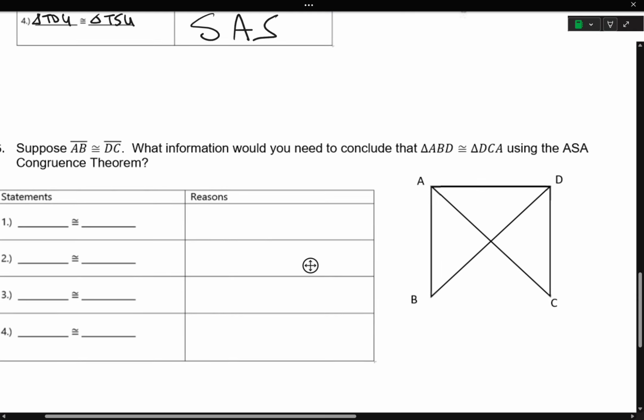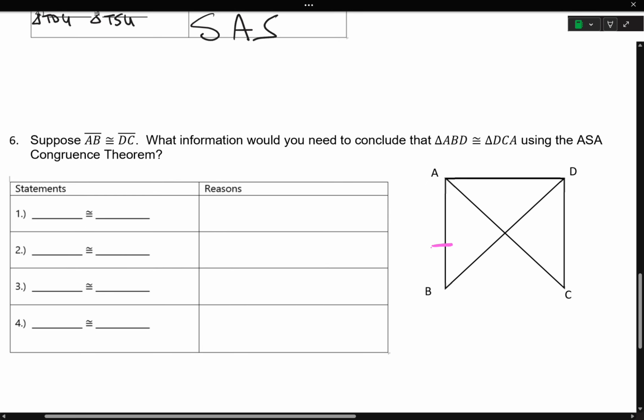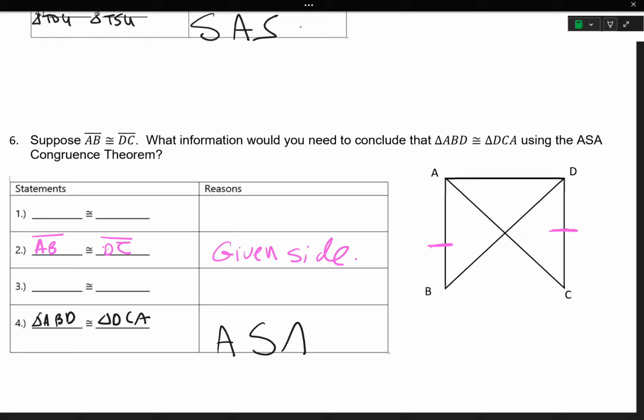One more problem. Suppose AB is congruent to DC. I like it. Let's mark it. What else do we need to make these triangles congruent by angle side angle? Well, we have the side, AB congruent to DC, and that was a given side. We know we are going to have ABD congruent to triangle DCA by angle side angle.